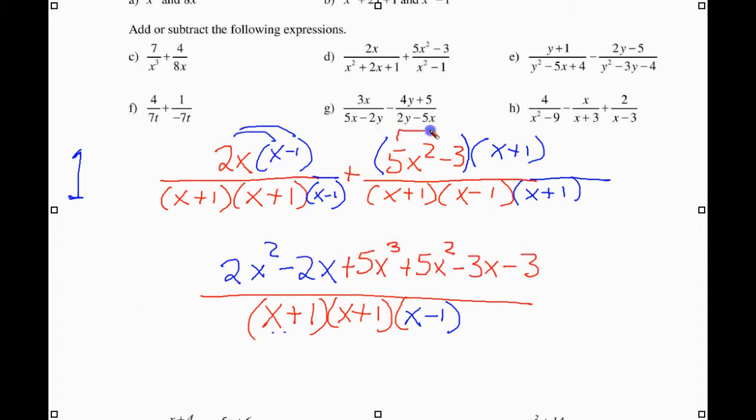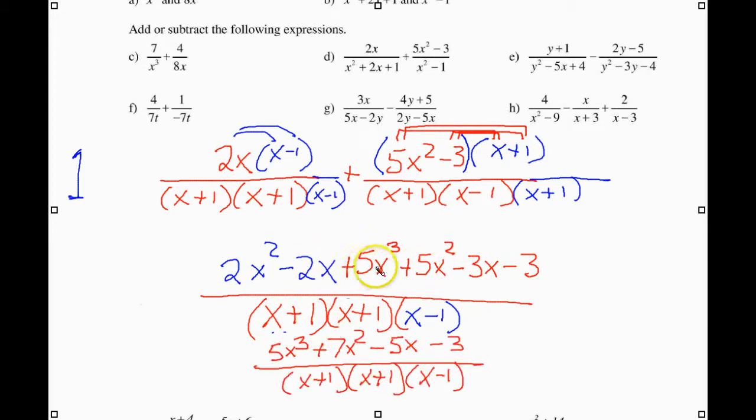So I will multiply my firsts and get 5x cubed, do my outers and get a positive 5x squared, do my inners and I get a negative 3x, and then do my lasts and I get a negative 3. Now what I have to do is group like terms.